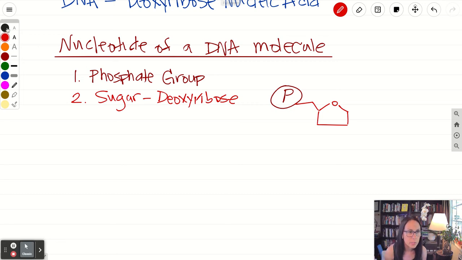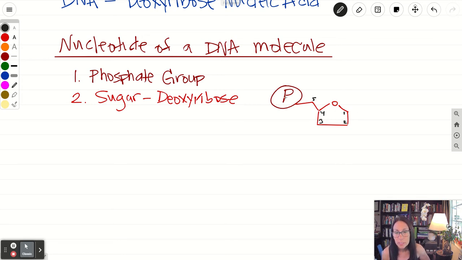I'm going to number them so that you can know this. This carbon here is number 1. This carbon here is number 2. This is number 3. This is number 4. And this carbon is number 5. Okay? So there are 5 carbons in deoxyribose sugar, and that is the second part of the nucleotide in a DNA molecule. So a nucleotide is a monomer.